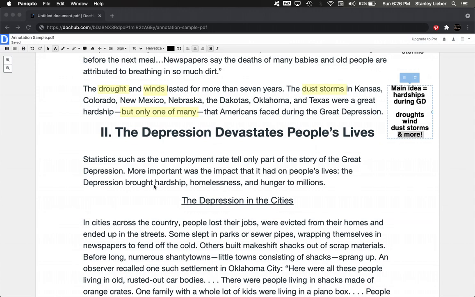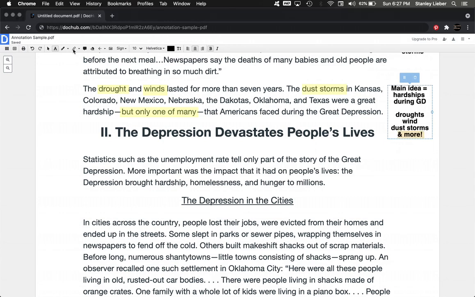So just looking at this first paragraph as a lead-in, statistics such as unemployment rate tell only part of the story of the Great Depression. So kind of like above, you know, we have dust storms, we have droughts, but there's going to be more to the story. More important was the impact it had on people's lives. The Depression brought hardship, homelessness, and hunger to millions.